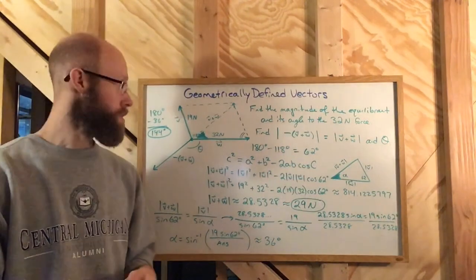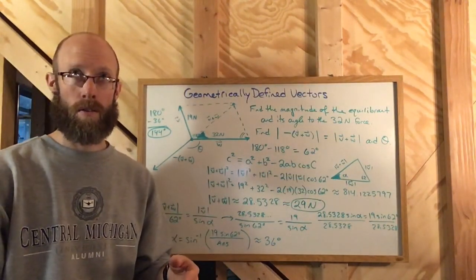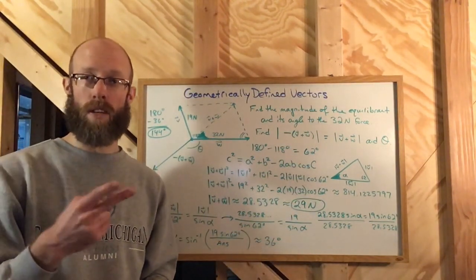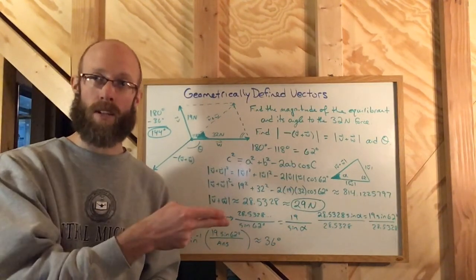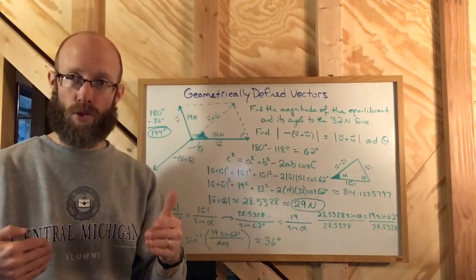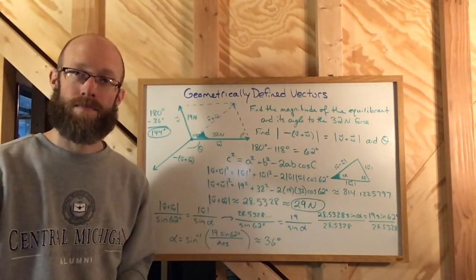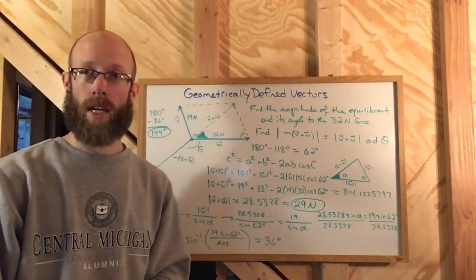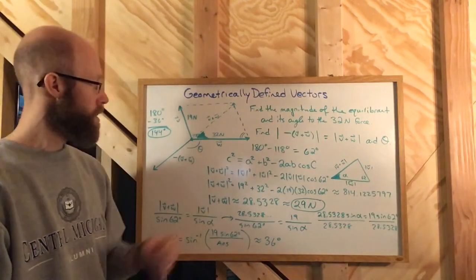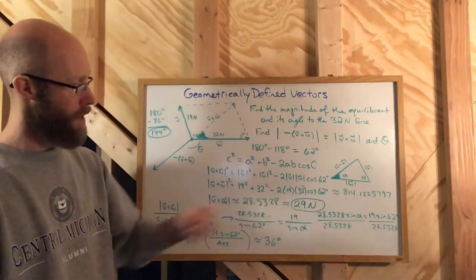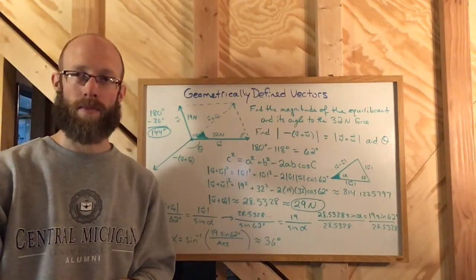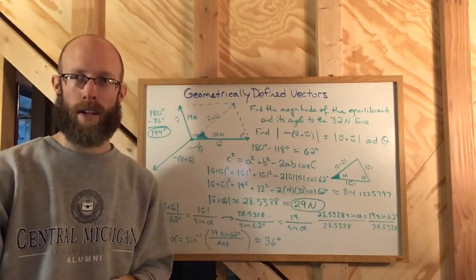If you had forces V, W, X, and Y, you could take V and W, add them together, then add that to X and add that to Y. Add them 2 at a time to get the resulting force, then take the negative of that to get the equilibrium. It doesn't matter what order you add them, you just add them all together, and then that would be your magnitude, and then you could find the angle from there using a little bit of geometry, or trigonometry, a combination of the two.